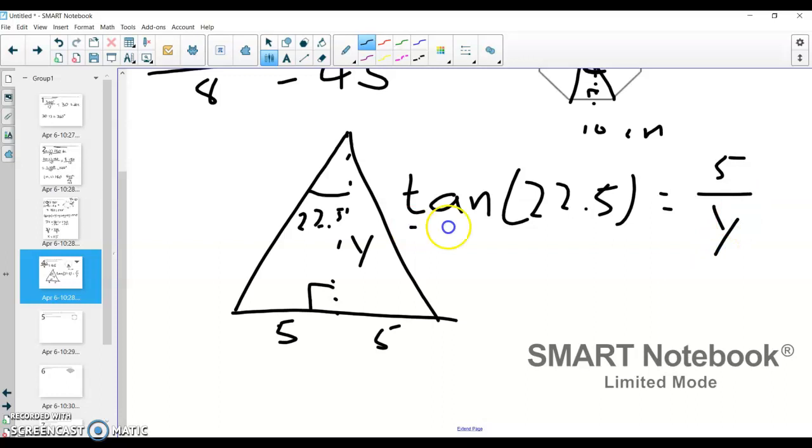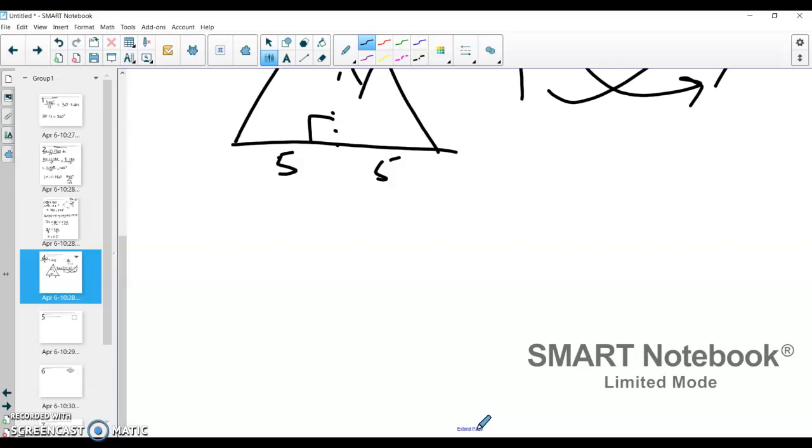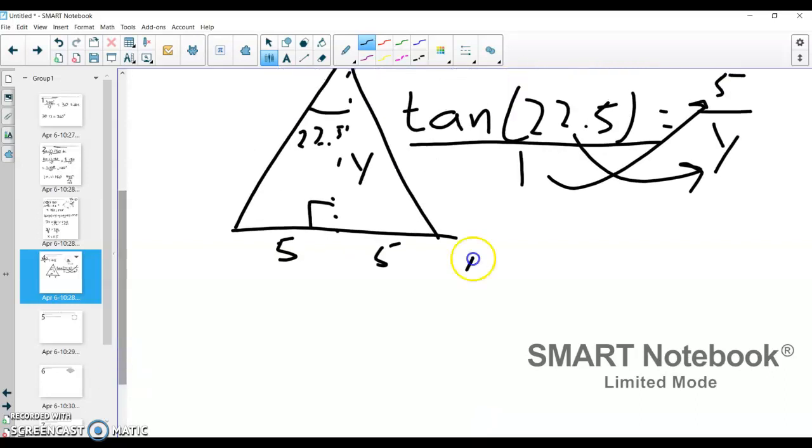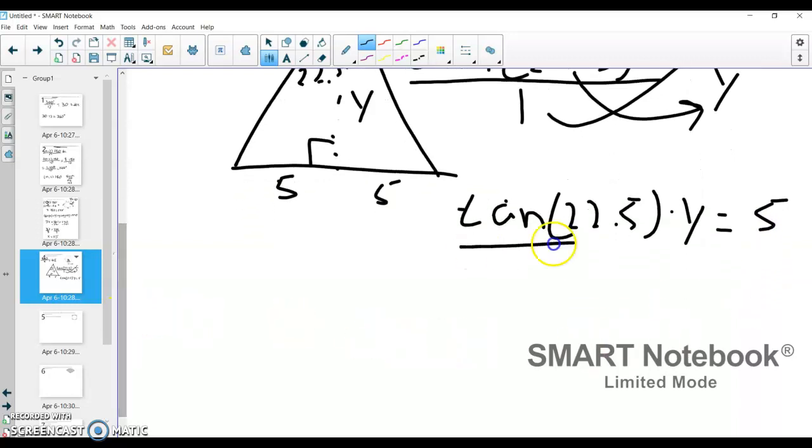I put tangent of, where I've done this before, I put this over 1 and I cross multiply. 1 times 5, tangent of 22.5 times y. So my next step should look like tangent 22.5 times y equals 1 times 5, which is 5. I then have to divide both sides by the tangent so it goes away.